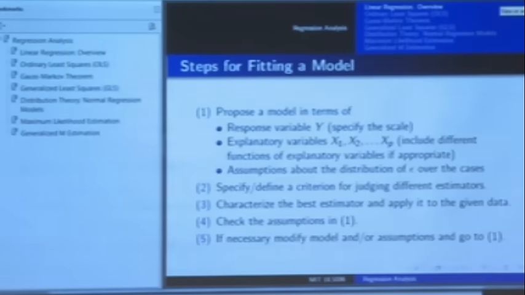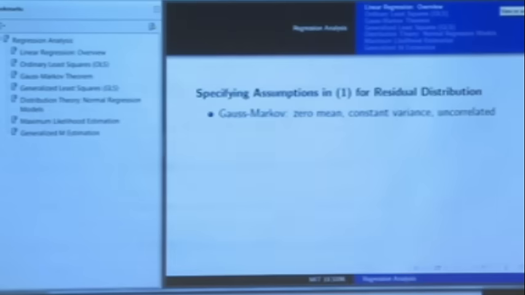A slightly simpler or weaker condition is to use the Gauss-Markov assumptions. If we extend upon that, we can then consider normal linear regression models, which Will had just suggested.